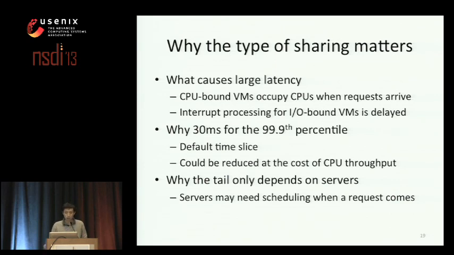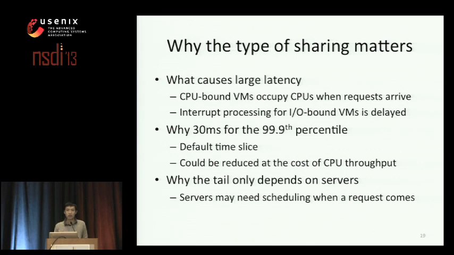We have follow-up work to show that, in fact, in an environment like EC2, where VMs and hardware are shared by different people from different organizations, it is very hard to come up with a scheduling policy that makes everyone happy. Now, finally, remember that in a heat map, the tail latency only depends on the server, and here's why.